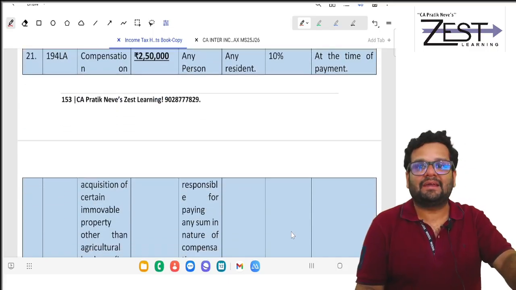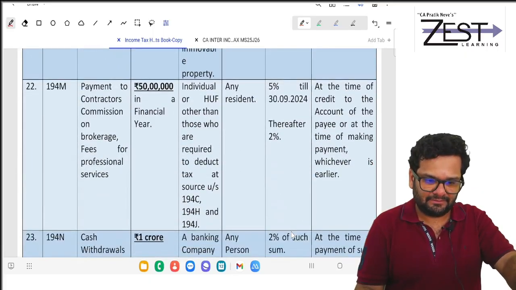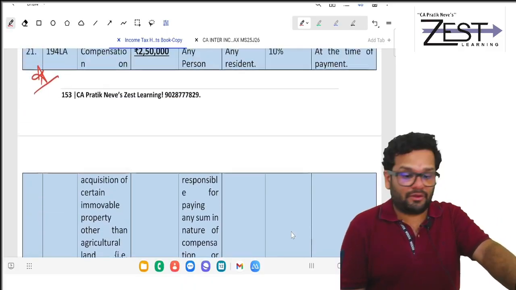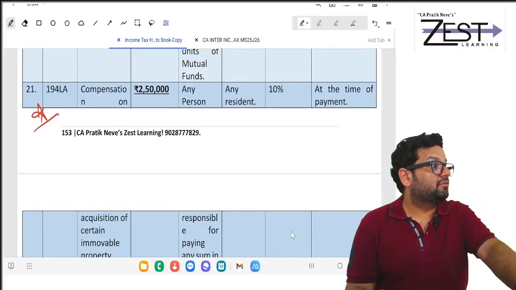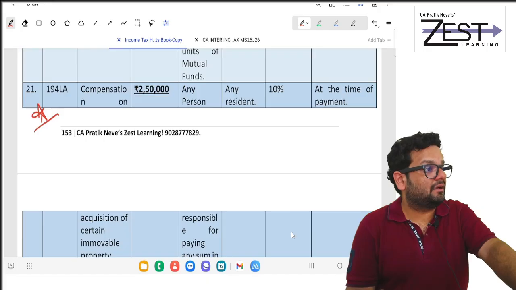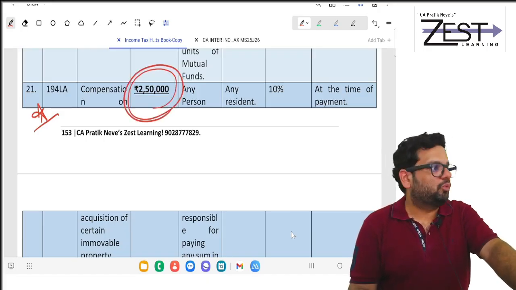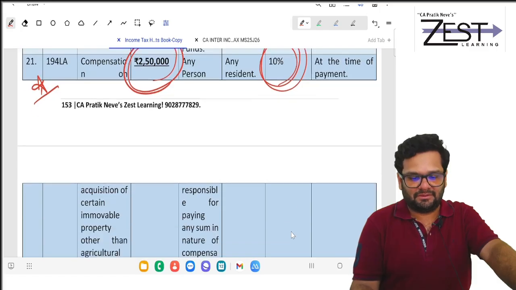194LA, 1 star. What is LA? Compulsory acquisition: you have seen the government can compulsorily acquire your land. If the government compulsorily acquires your land and pays you exceeding 2.5 lakhs, then TDS will be at 10%.